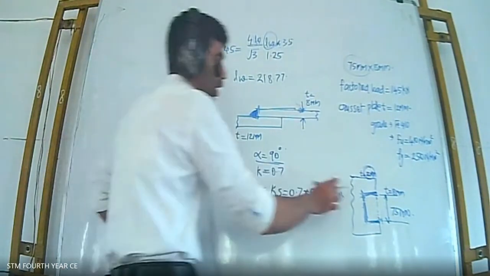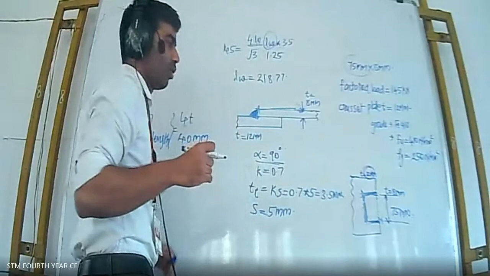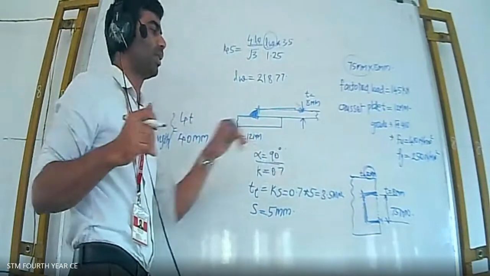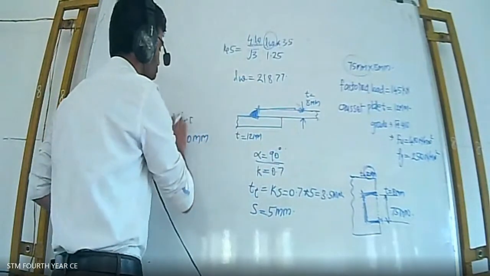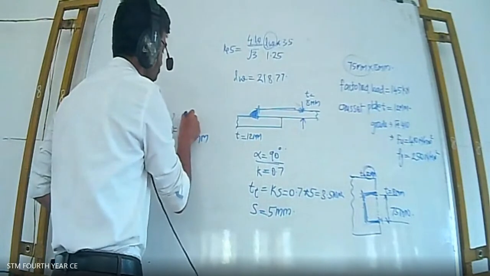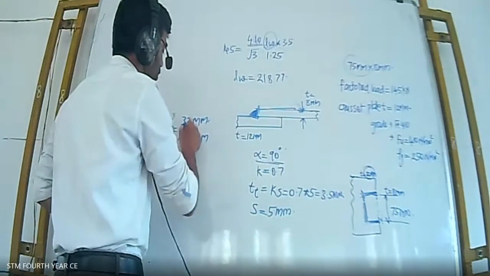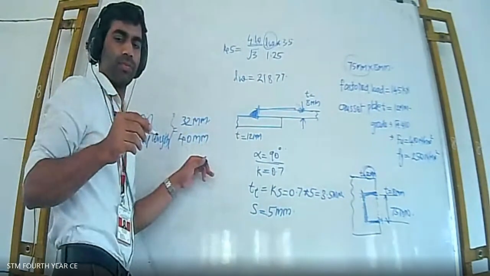So how much lap length you have to provide here? 4T where T is the thickness of the thinnest plate. That means 8 mm. So 8 into 4, 32 mm. So 32 or 40 mm, the maximum value.